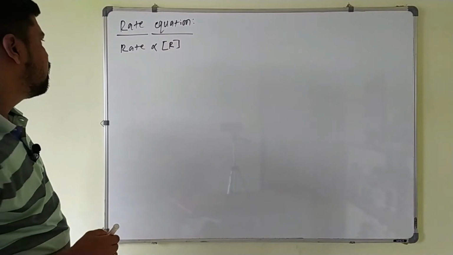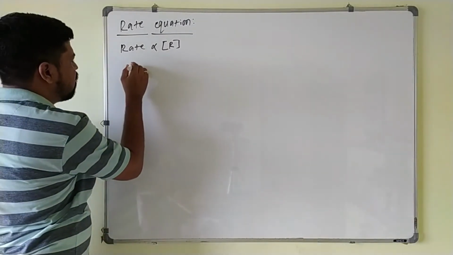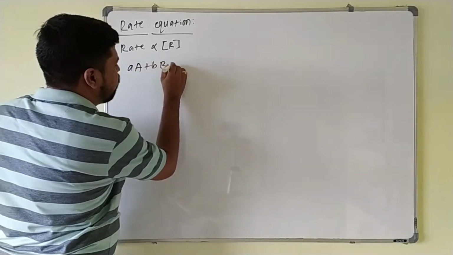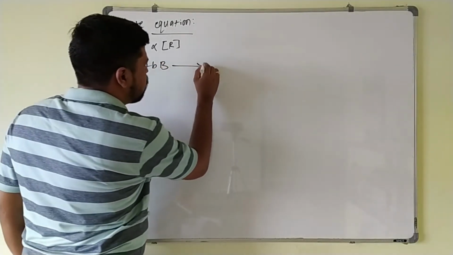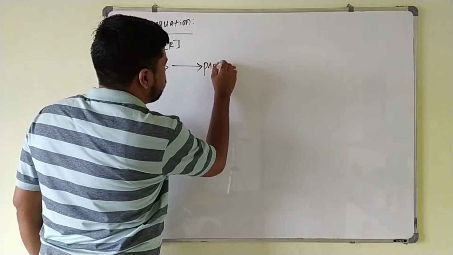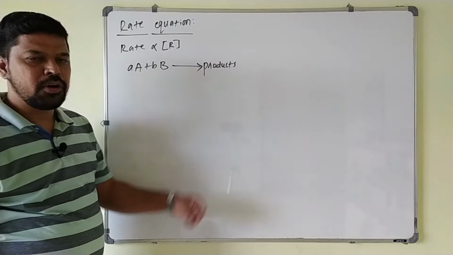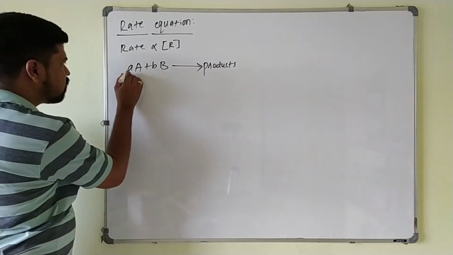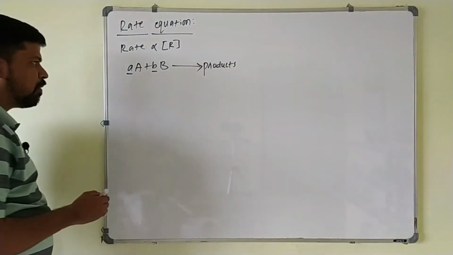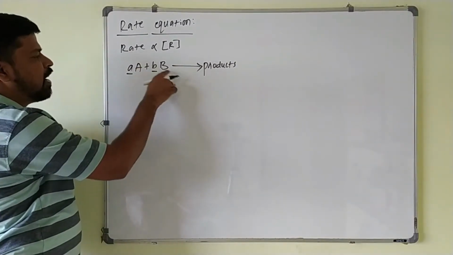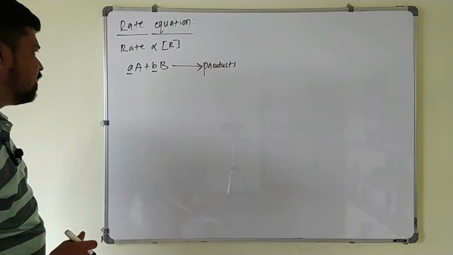Now if I take a reaction aA + bB, it gives rise to some amount of products. Here small a and small b represent the number of moles of capital A and capital B. Capital A and B are the reactants.